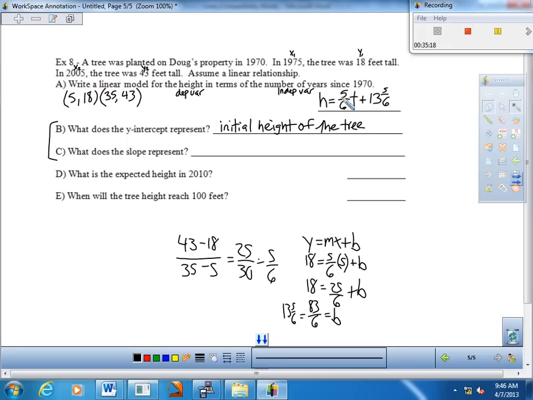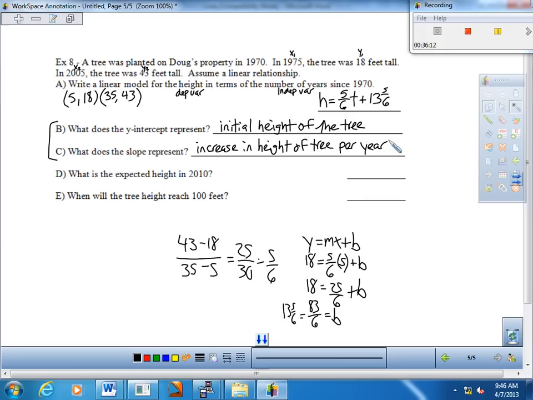So it's really the increase in the height of the tree, because it's increasing, of course. It's a positive slope. So the increase in the height of the tree in each year. Something like that would do. If you want to paraphrase that, you're more than welcome to. So basically, how much it grows per year.